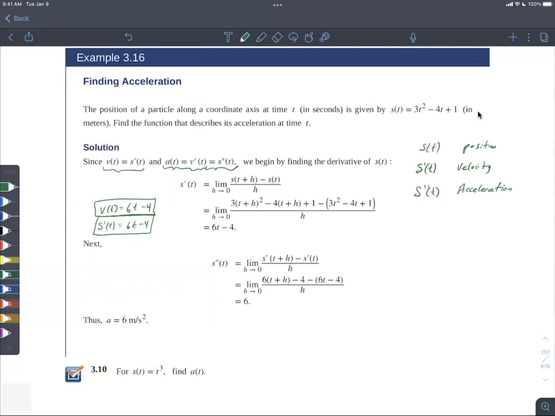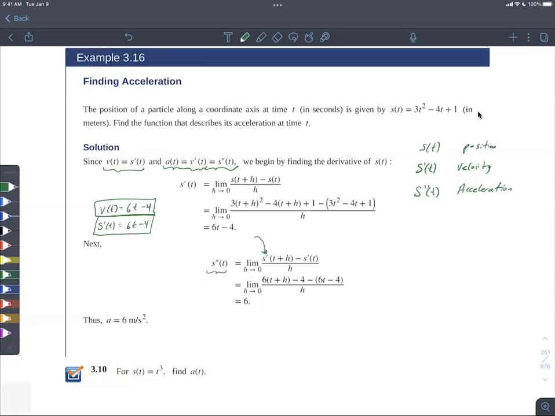Now, how do we find the acceleration function? We take the derivative of the velocity function, or the second derivative of the position function, same thing. And so this is, again, the second derivative. Notice how we are now using the limit definition on s prime, because we're taking the second derivative, we're applying the rule for the derivative function to the first derivative already.